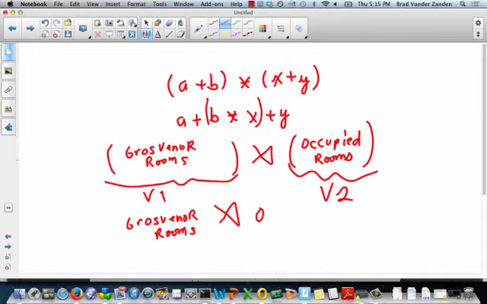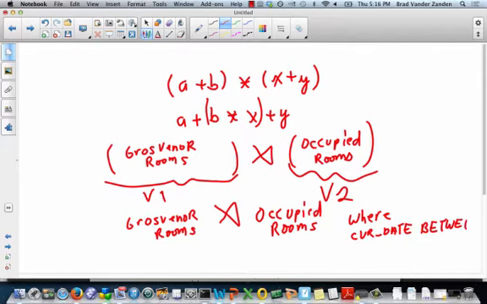And you were doing it with the occupied rooms. And the problem with not parenthesizing it was that out here you had a where statement that said where current date is between date from and date to.